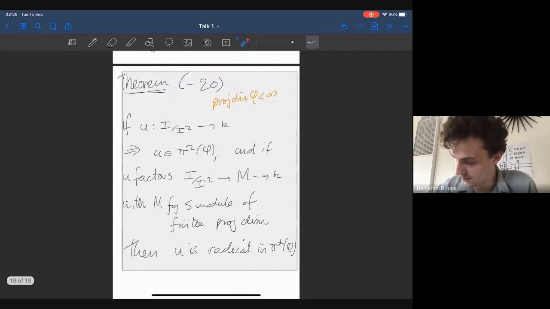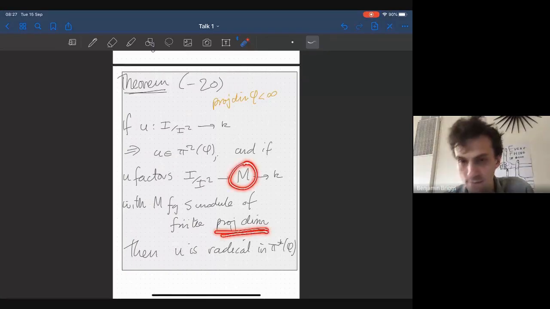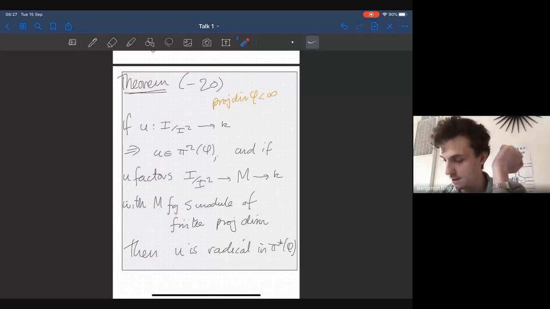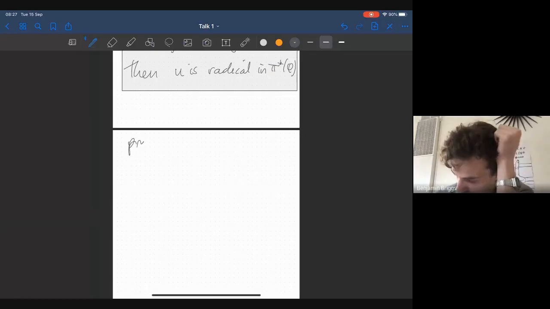And this one kind of upgrades that to being a condition for when an element is radical in the homotopy algebra. It's very similar. Instead of factoring through a free module, it just factors through some module of finite projective dimension. Okay, so the idea here is maybe even now I can sketch a proof of Vasconcelos' conjecture.